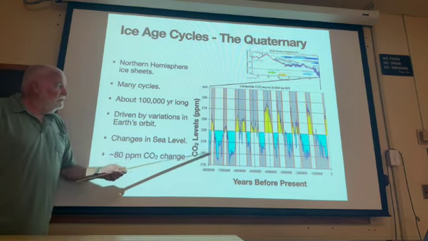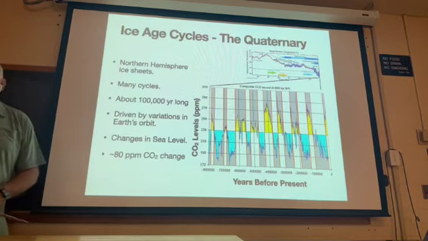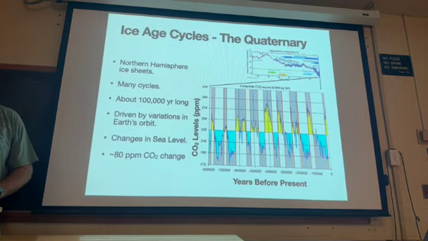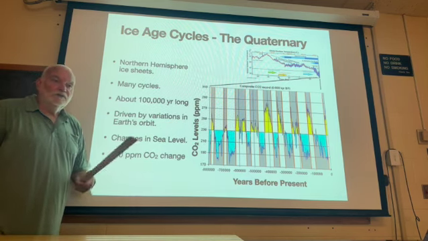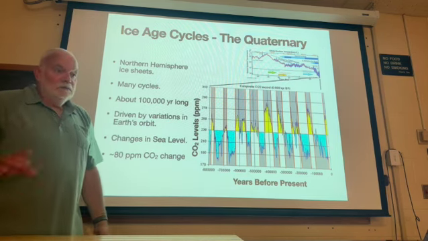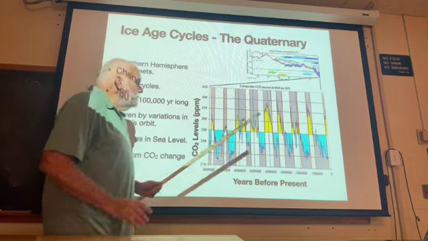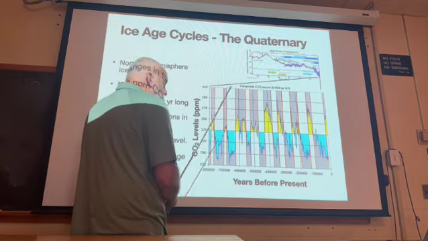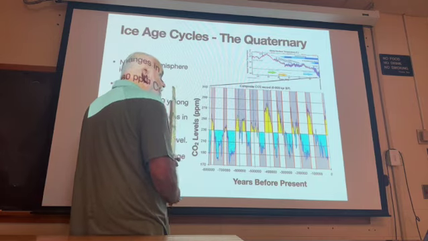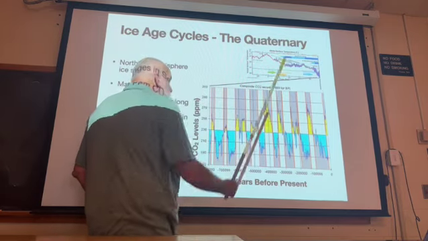And it's 100 parts per million. Percentage-wise, going from 200 to 300 is a big deal, but it's only 100 parts per million. And these are tracking the coming and going of the northern hemisphere ice sheets.